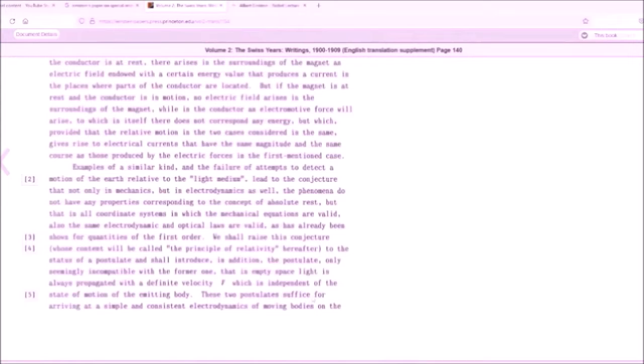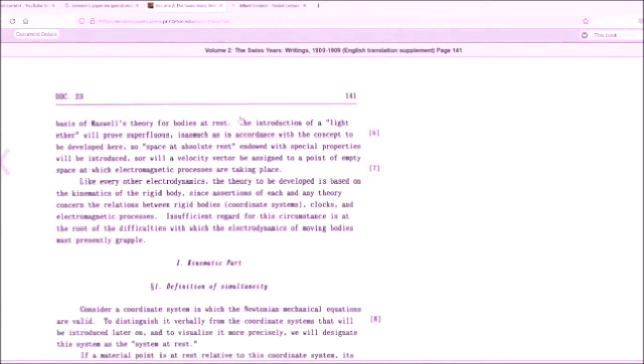These two postulates suffice for arriving at a simple and consistent electrodynamics of moving bodies on the basis of Maxwell's theory for bodies at rest. How do you arrive at the conclusion that you have a simple and consistent theory when you did not start yet?